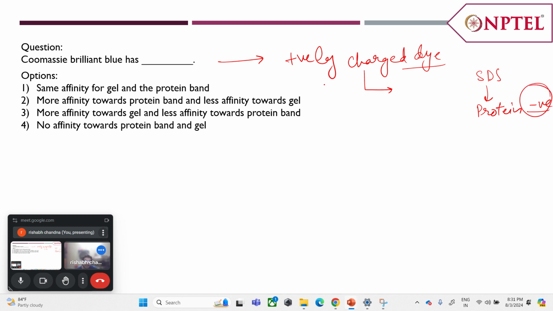So now this positively charged dye will directly attach to this protein that has a negative charge. So now this would attract the protein band. Okay, now can anybody answer the question?